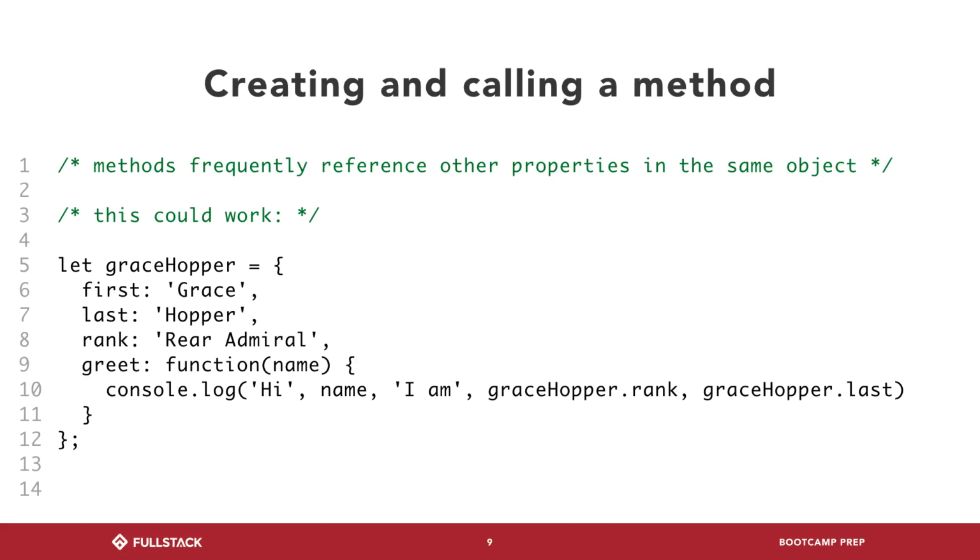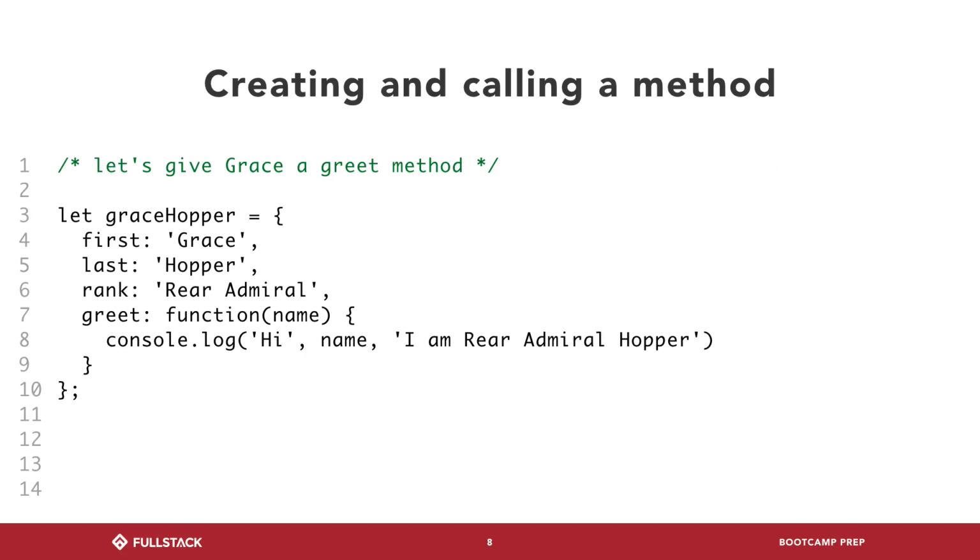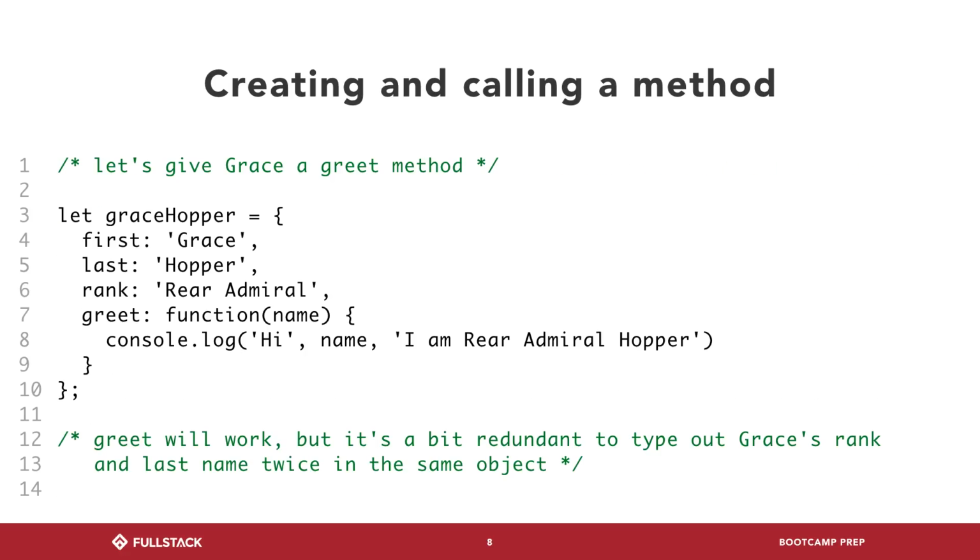And if we want to make this as flexible as possible, rather than retyping it, because what if I change this first name property? If I go back to the previous slide, where it said I am Rear Admiral Hopper, the last name is Hopper.